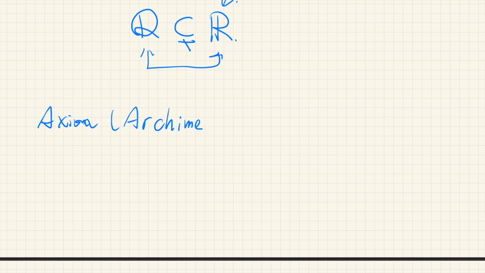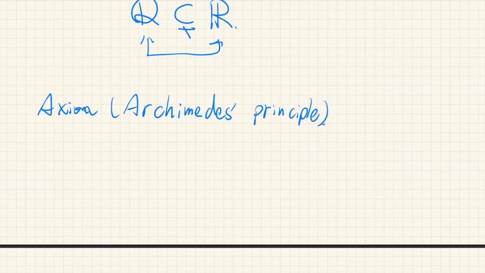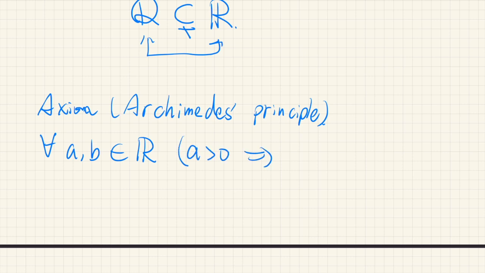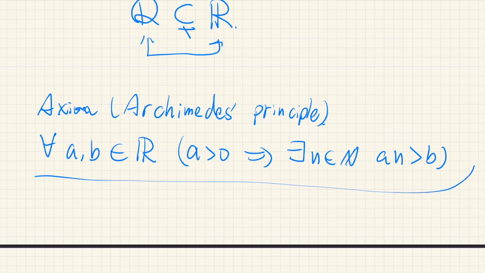Archimedes principle. That is, for any real numbers a, b, and if a is positive, then there exists some natural number n such that a n is greater than b.